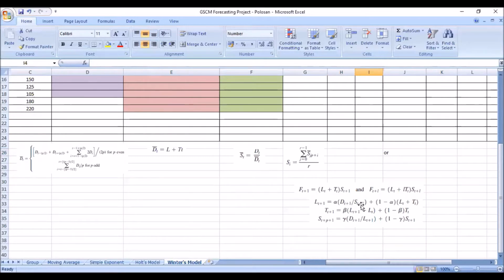So remember: alpha multiplied by demand divided by the seasonal factor, plus 1 minus alpha multiplied by the level and trend of the previous one.